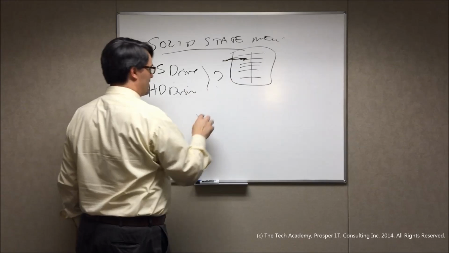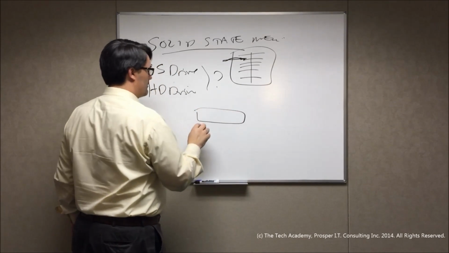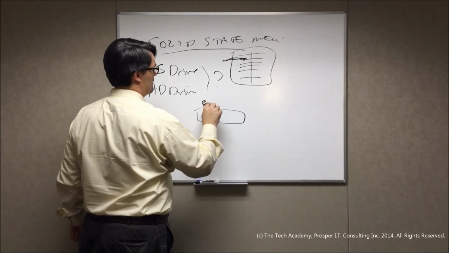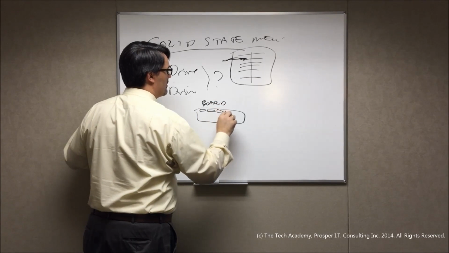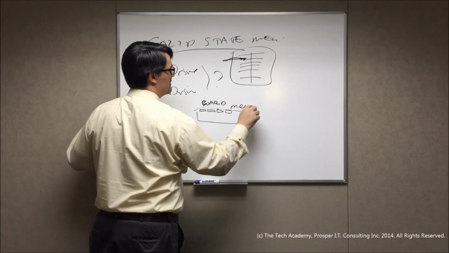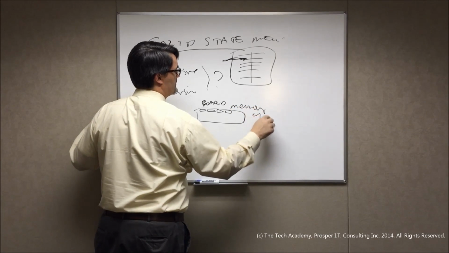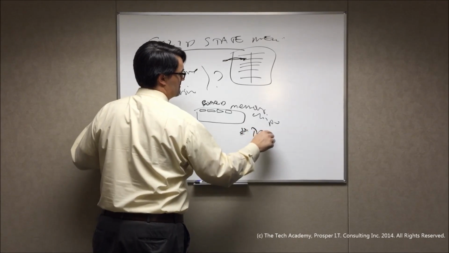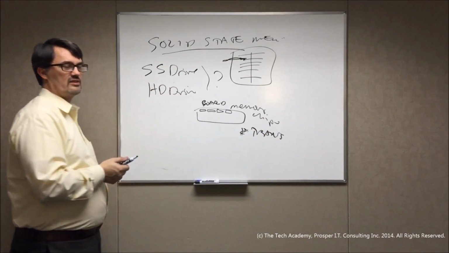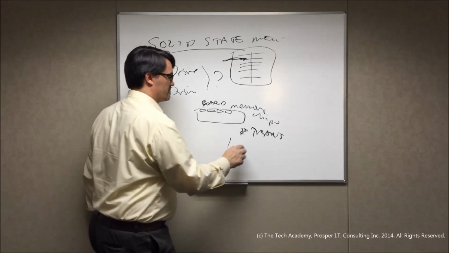Instead, you replace that with a tiny little circuit board, and on it are many, many memory chips. And remember, all these memory chips have on them is just transistors. Lots and lots of tiny little transistors. They can store ones and zeros.